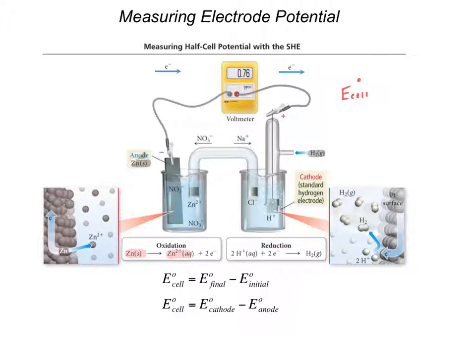So we have our anode as our zinc, and our cathode is our SHE, our standard hydrogen electrode. Where does the electron end up? Does it end up on the cathode, or does it end up on the anode? It ends up on the cathode, right?